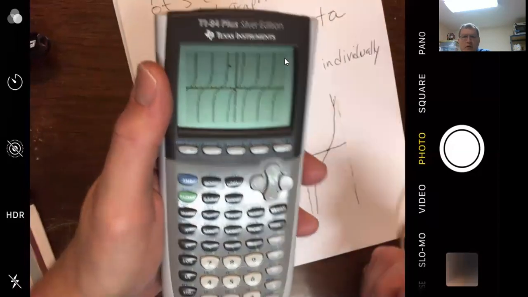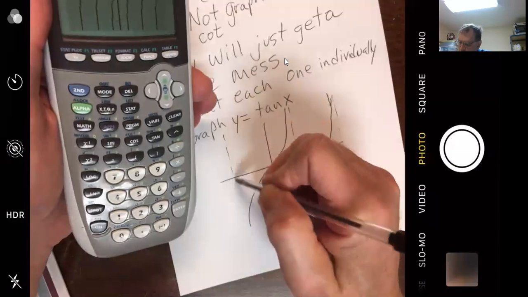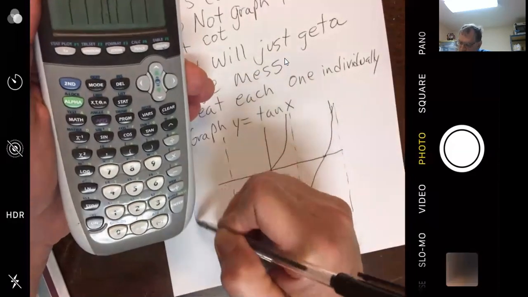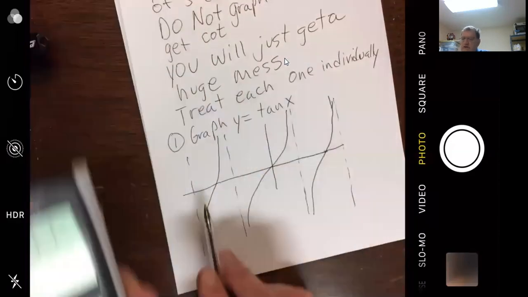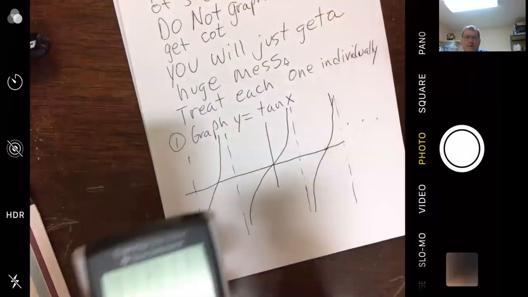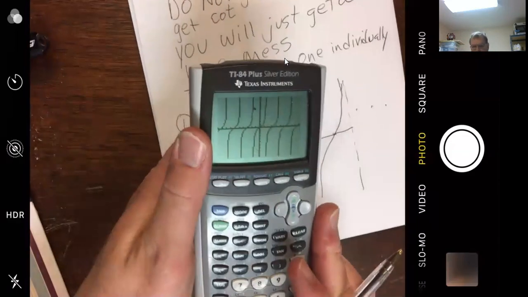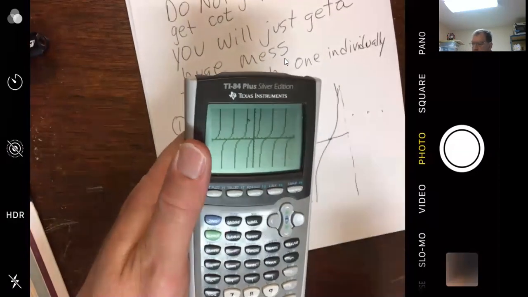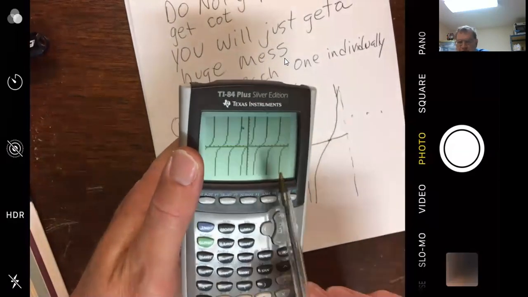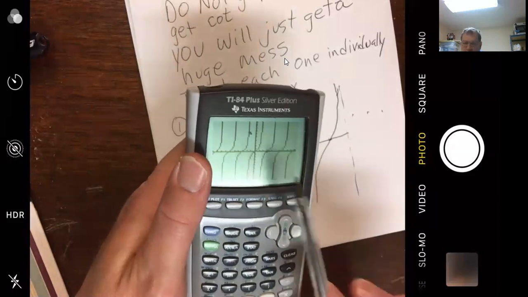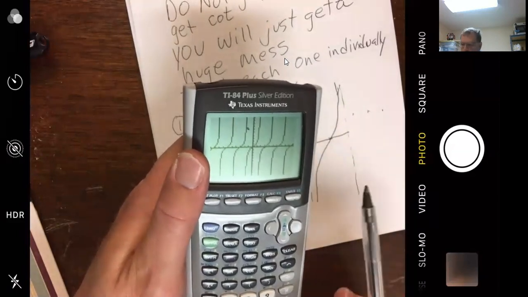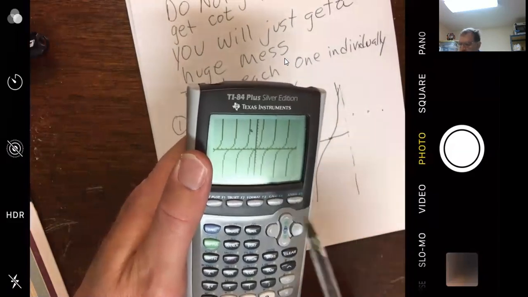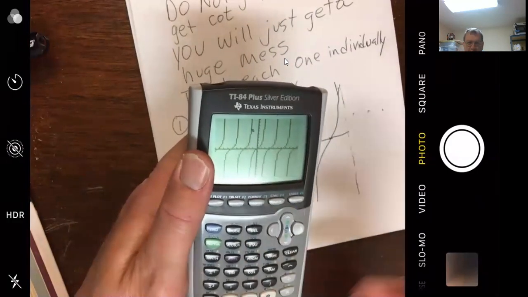There's another asymptote back here that binds the next version. So you just get these series of identical S-curves that go forever. There's nothing you can flip here that'll help you draw the cotangent. It doesn't work like secant and cosecant and those other four. Just treat them individually. You'd have S-curves crossing everywhere if you tried it.